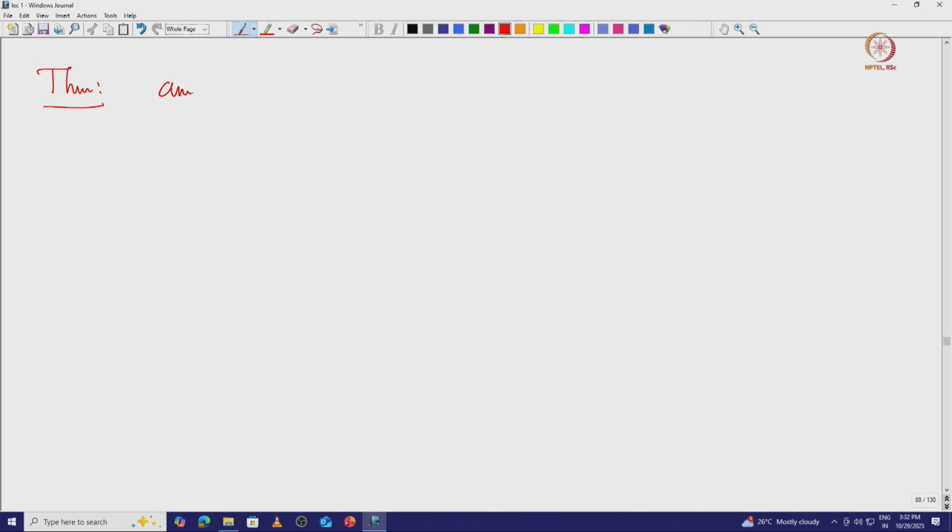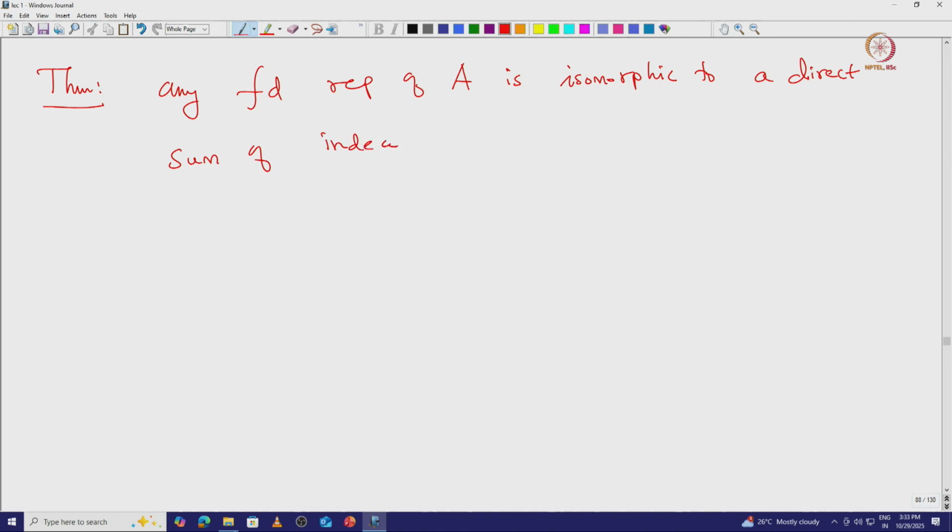Let me state it: any finite dimensional representation of A is isomorphic to a direct sum of indecomposable representations.